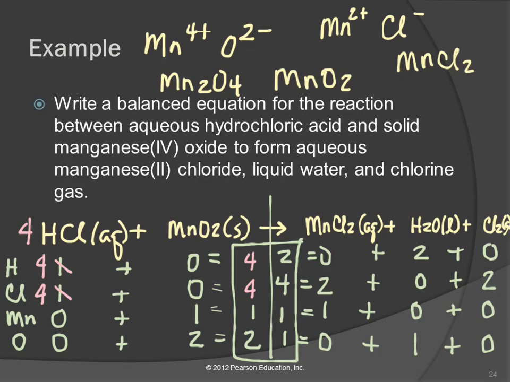So I'm going to put a 2 in front of this, and that's going to change everything underneath it. So I'm going to get 4 of those and 2 of these guys. So I've got a total of 2 oxygens now and 4 hydrogens on the right side.